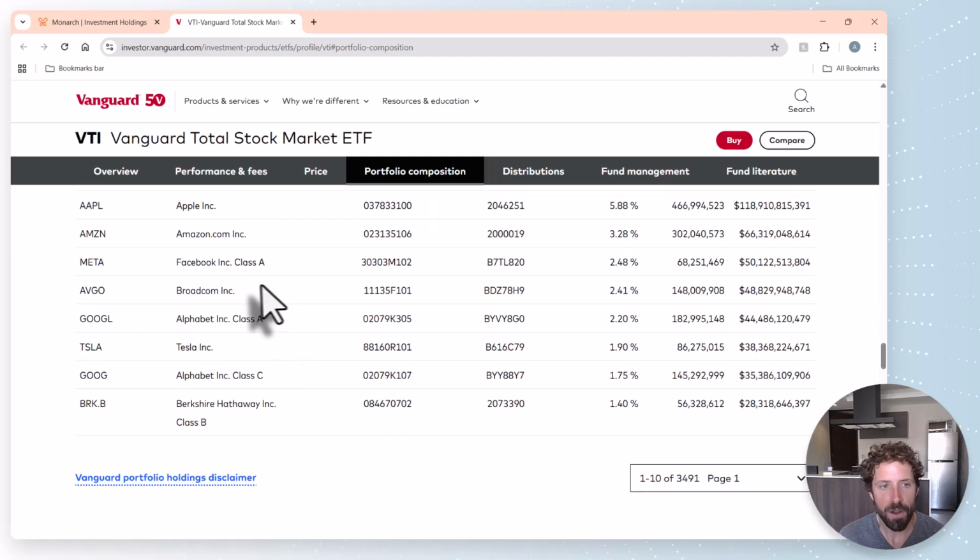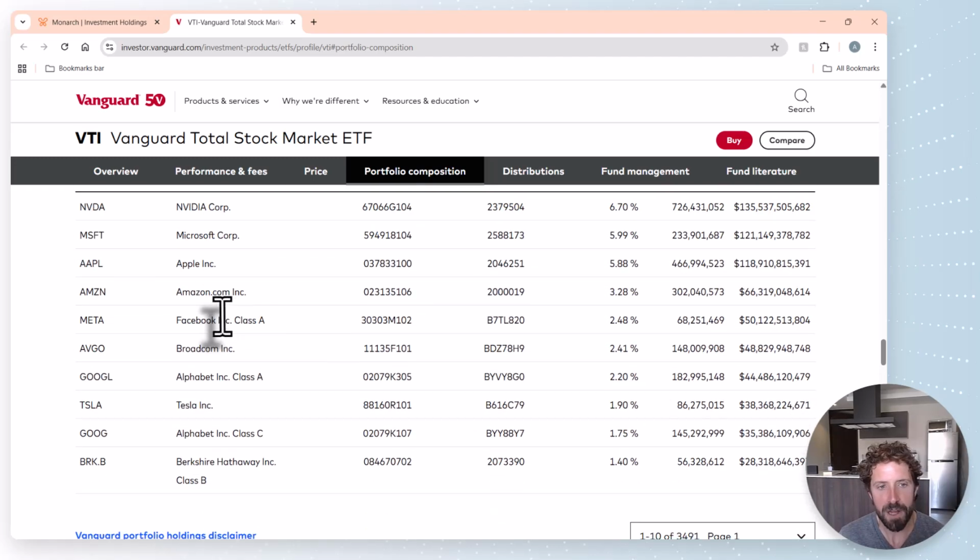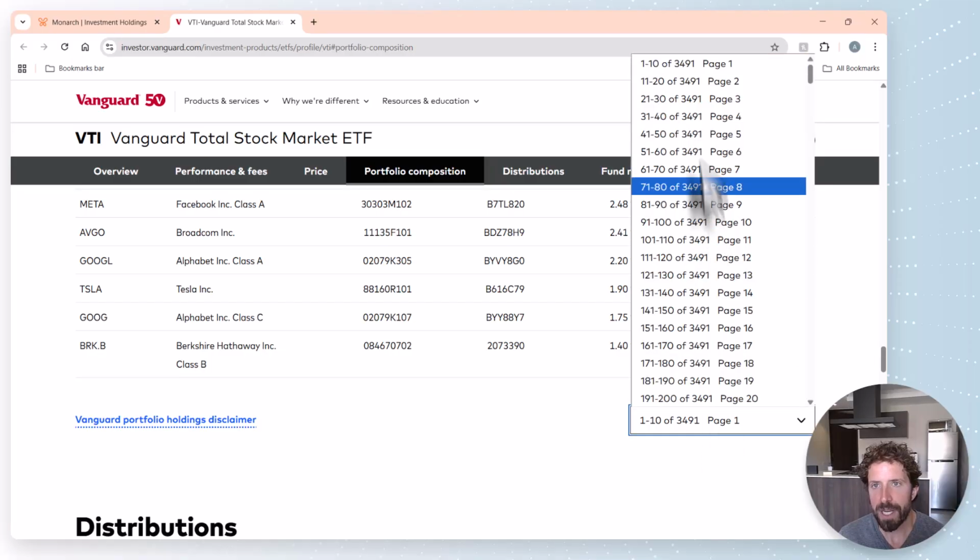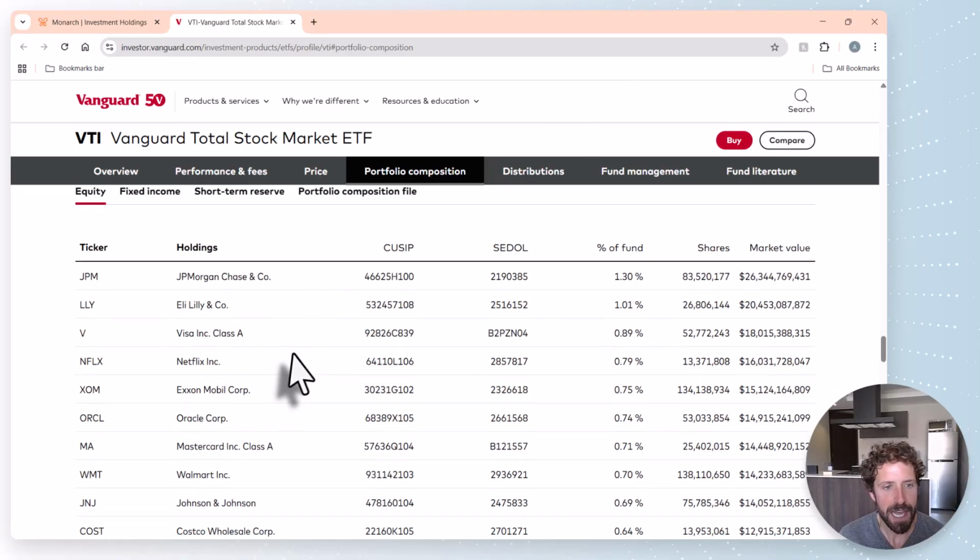So you have all of your biggest, most well-known companies here. And we can go down to the next page and see that we have other really iconic companies here. So I love this, that you get to participate with the best performing companies in the world, and honestly, some of the best performing companies in all of market history.